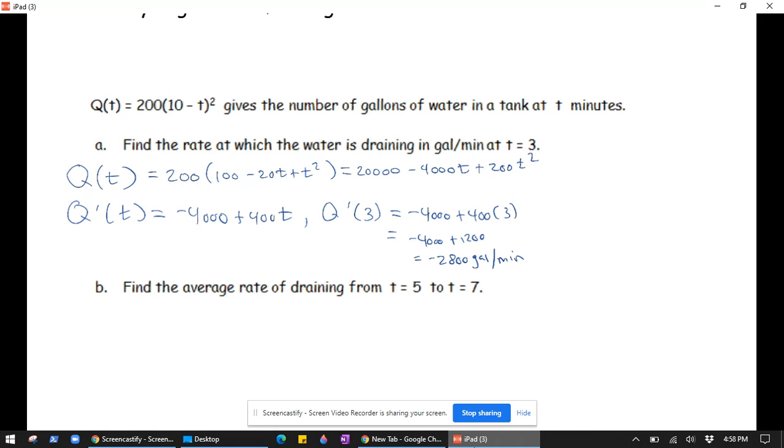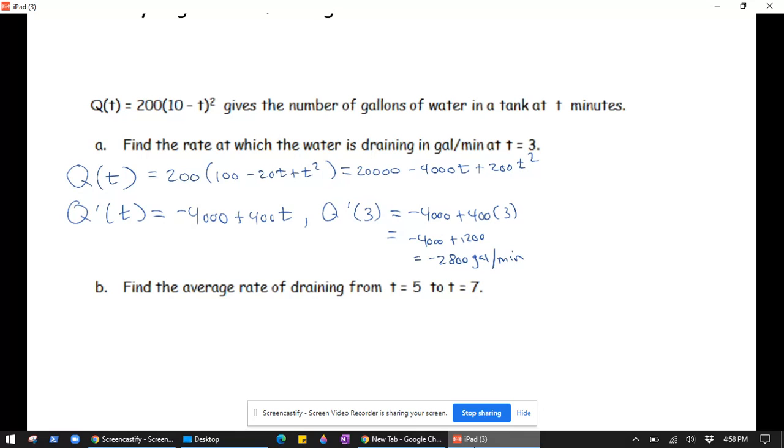The one thing I want to point out is let's be careful how we answer this question, because the word draining is taking care of the negative in the verbal description. So let's answer the question as a sentence, assuming you were taking a test and you didn't want to get this wrong.